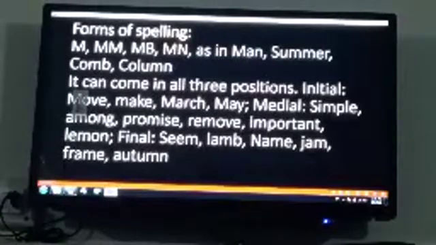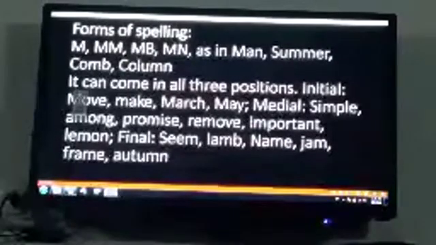Fine. At three positions: initial, like move, make, march, may; it comes at the medial position, in the middle, like sample, among, promise, remove, important, lemon; and it comes on the final position as well, like seam, lamb, name, jam, frame, autumn.